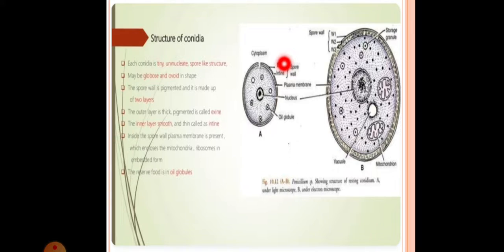The inner layer is smooth and thin, called the intine. Inside the spore wall, the plasma membrane is present, which encloses mitochondria and ribosomes in embedded form. The reserve food is in oil globules.